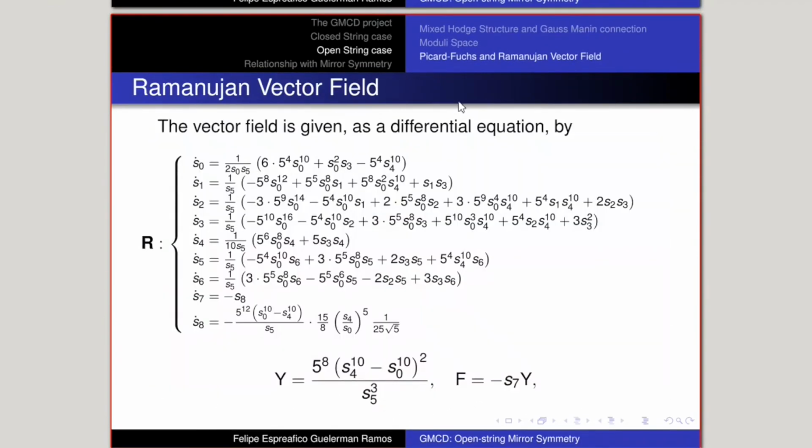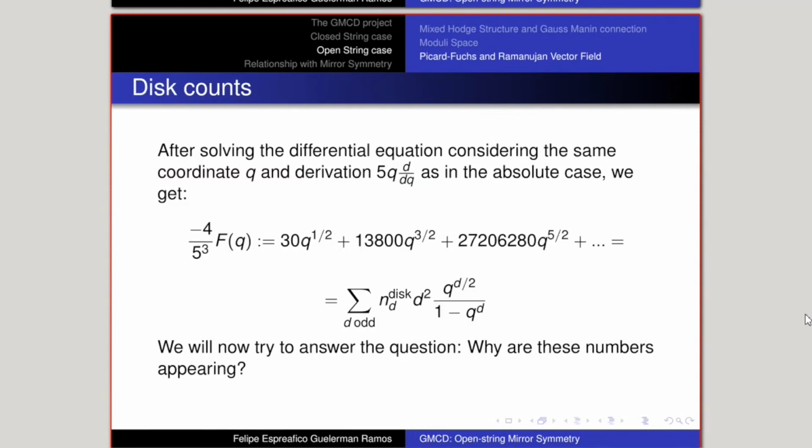And again, the Y is the Yukawa coupling, the same expression, and this F is the disk count. So in the end, if you again solve for QDQ, you are gonna get physical terms.